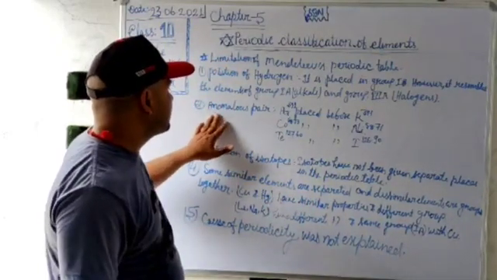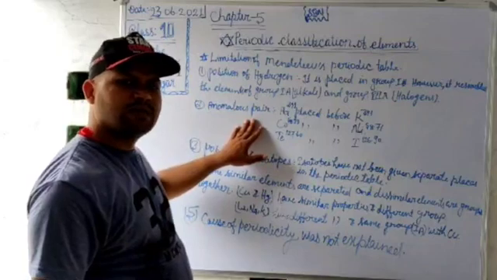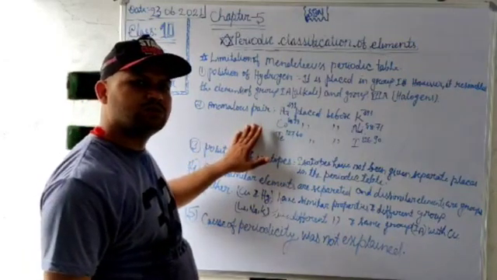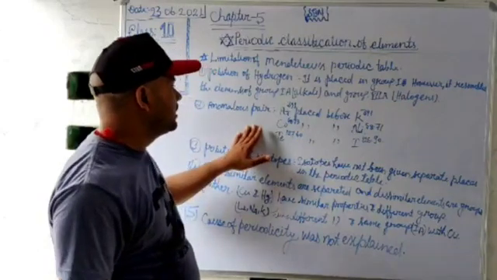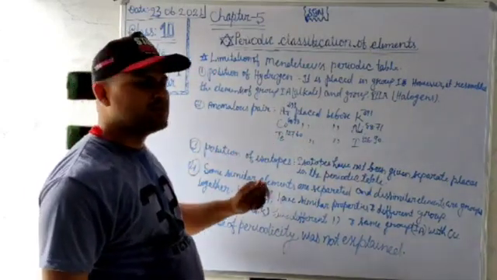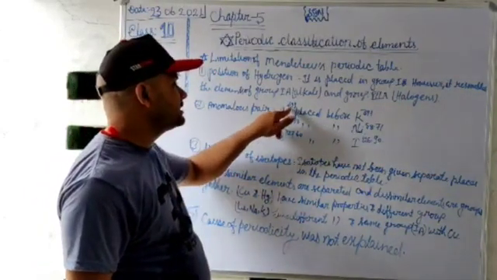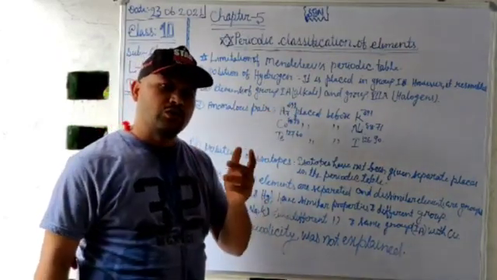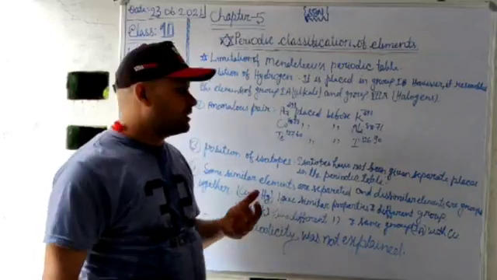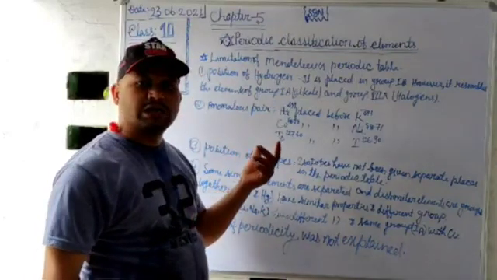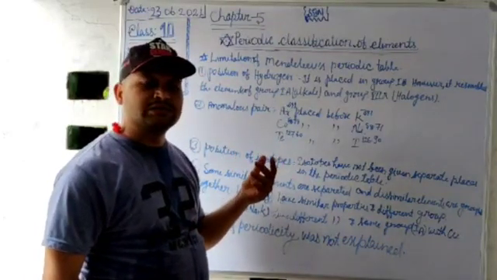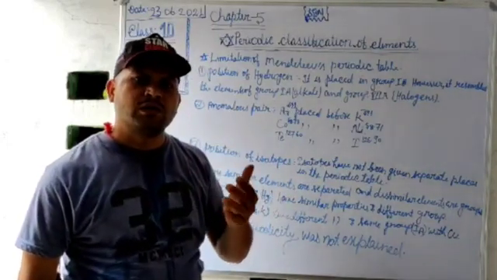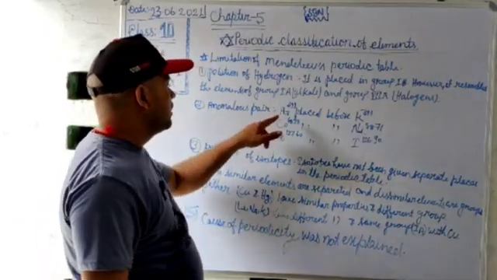Another limitation of Mendeleev's periodic table, due to which it was not accepted, is that he placed argon, whose atomic mass is 39.9, before potassium, but his law states that the periodic classification of elements is a periodic function of their increasing order of atomic masses.